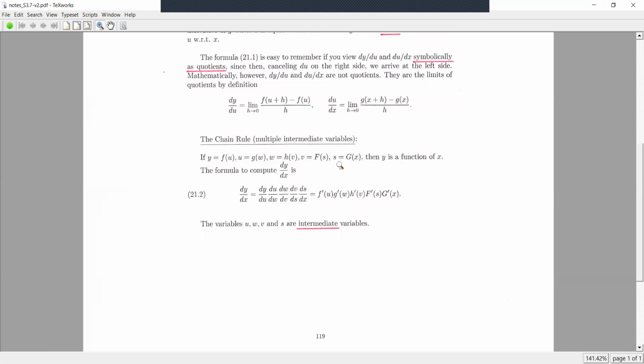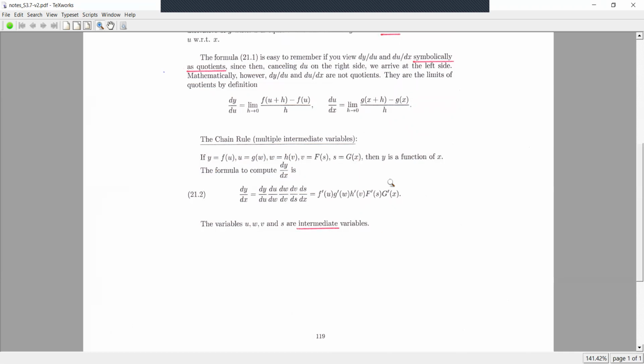As a result, y depends on x. Therefore, y is a function of x. In this chain of dependence, u, w, v, and s are intermediate variables.